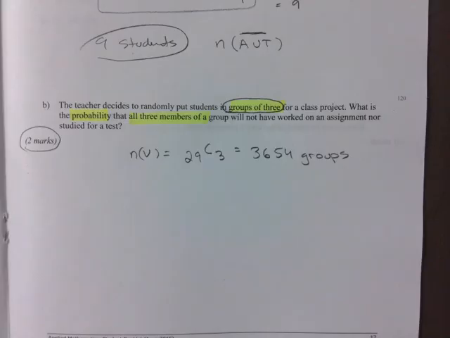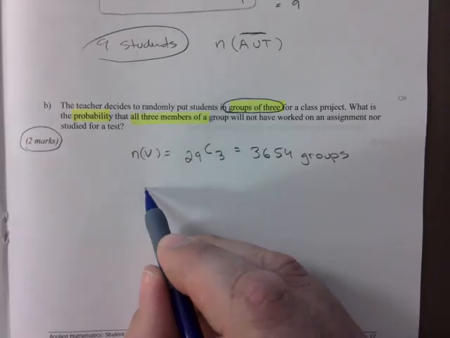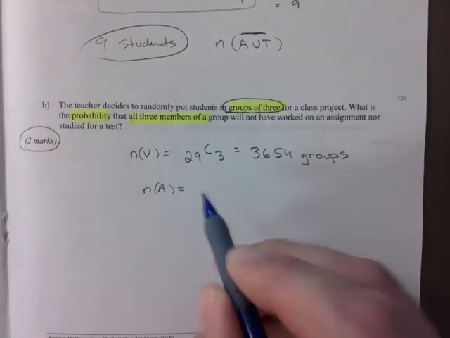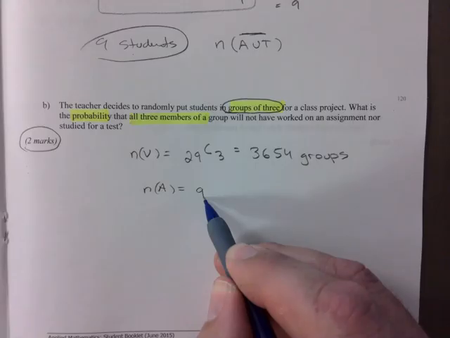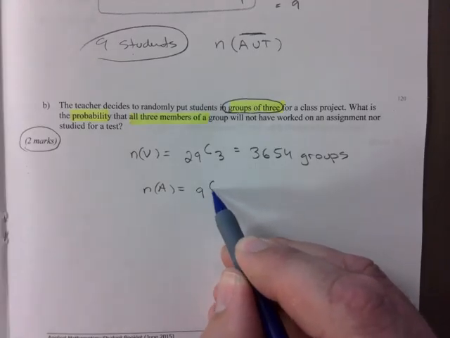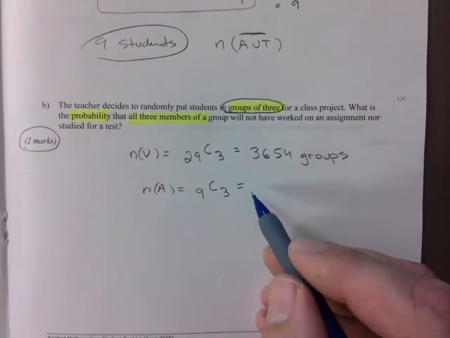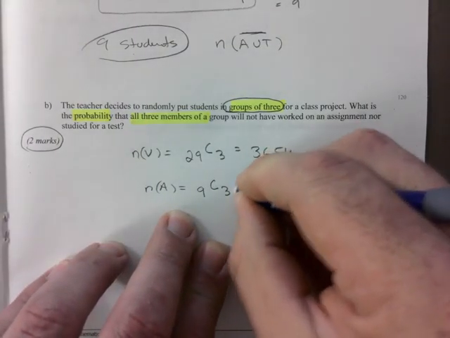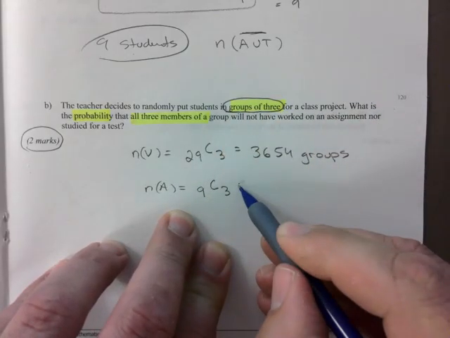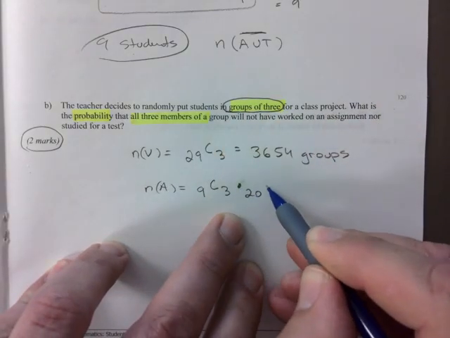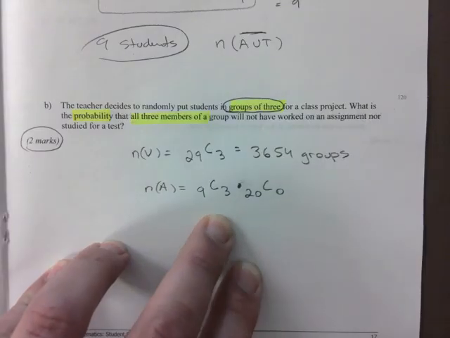But now what? We want the probability that all 3 are from the non-studying group, right? So what would n(A) be? Out of the 9, just the 9, I'm going to choose 3. Sorry, I like to think of it this way. And from the remaining 20, I'm going to choose none of them, right?